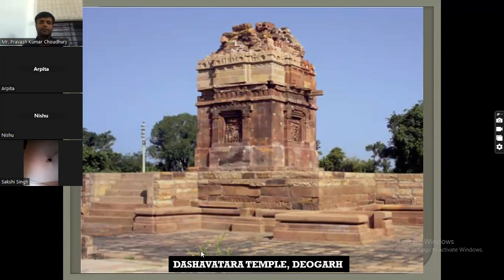The structural remain that you see today in this form has been conserved by the Archaeological Survey of India in this form today, so these structures could have sustained for so long. It is very simple in architecture.